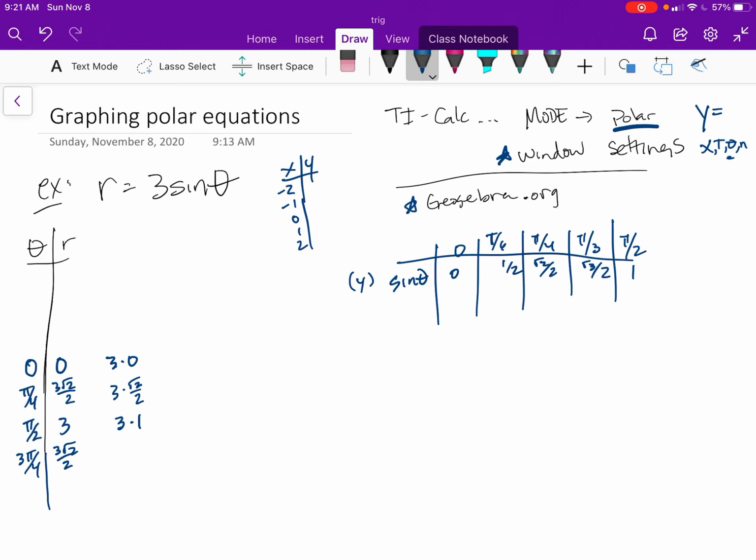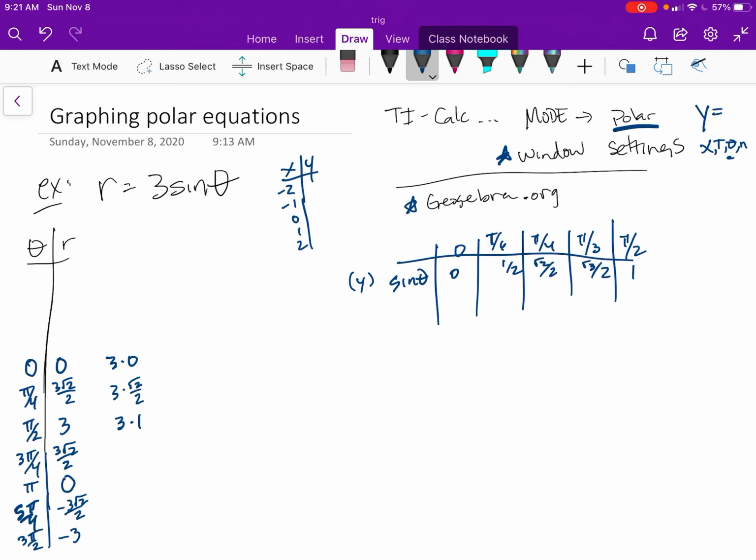And then when I go to pi, sine of pi is 0, and so forth. And actually we'll do one more. When I go down to quadrant 3, 5 pi over 4, I would get negative 3 root 2 over 2. And then 1.5 pi, 3 pi over 2, sine is -1, so I get -3, and so forth.